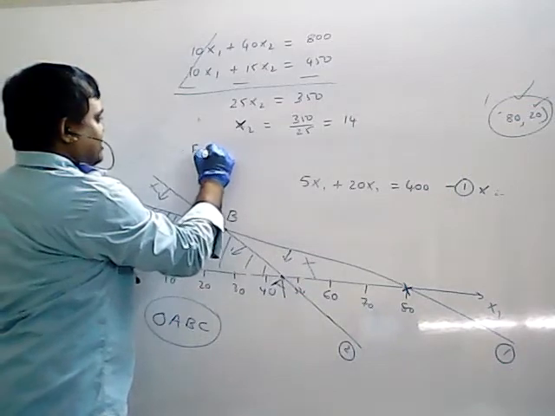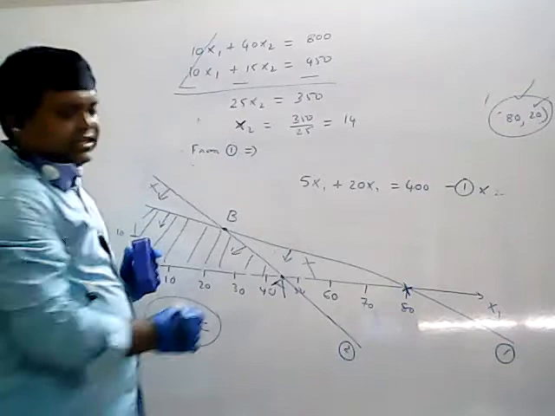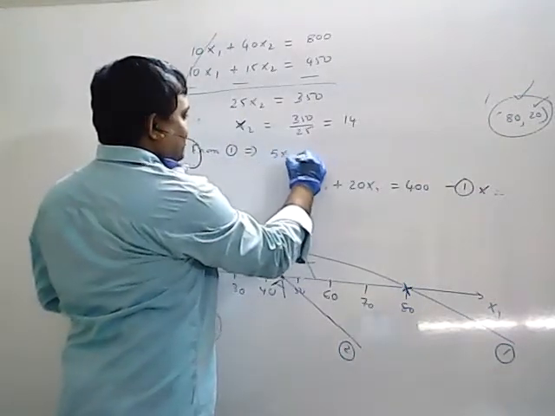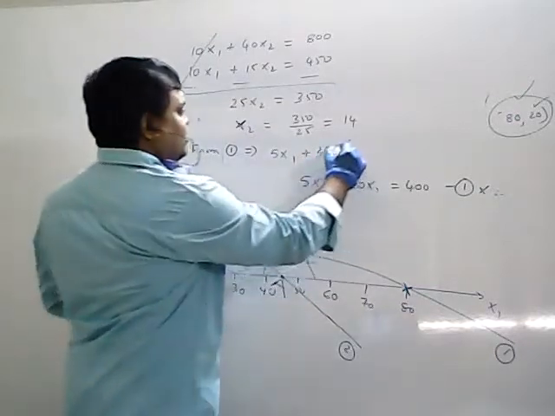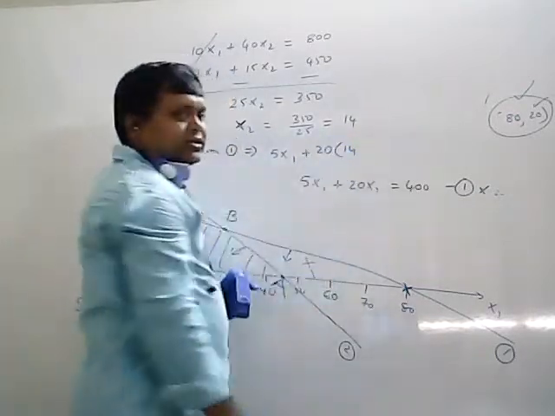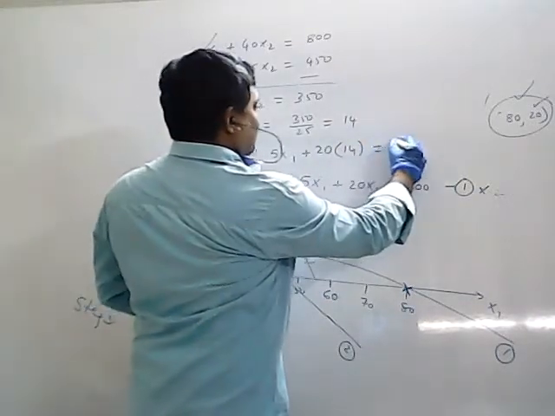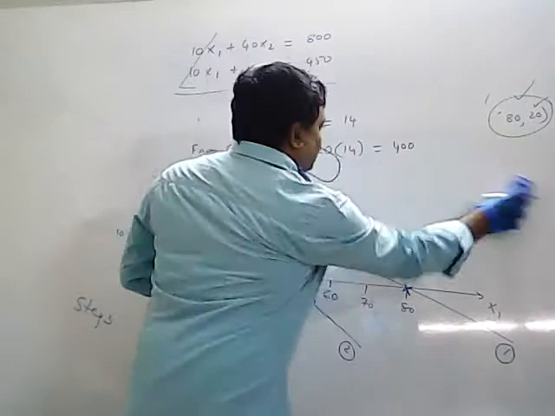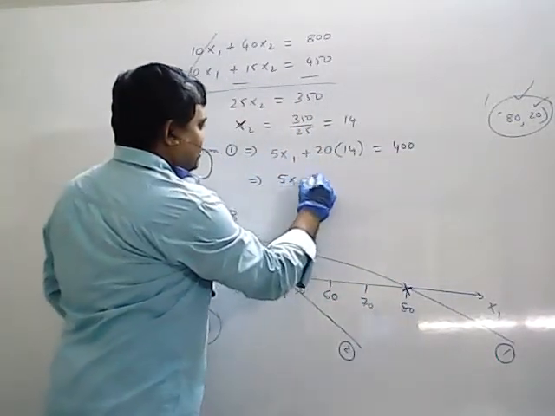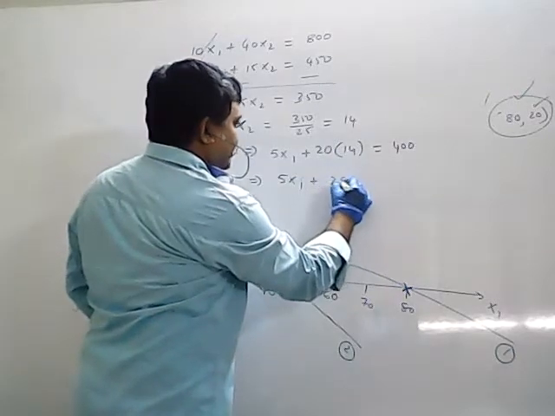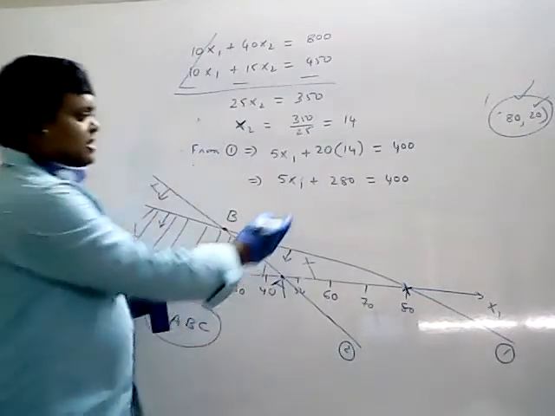Therefore, from equation 1, 5x1 plus 20 into 14 is equal to 400. This implies 5x1 plus 280 is equal to 400.